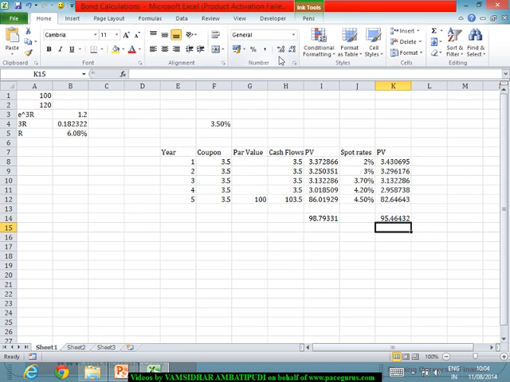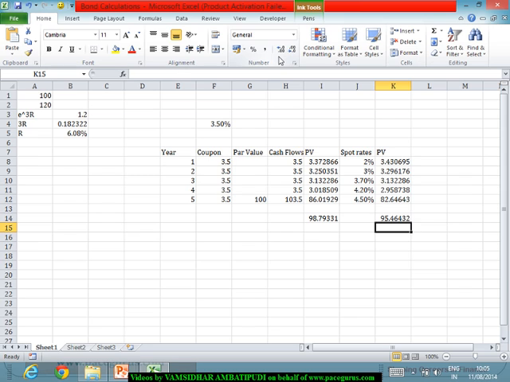We compute the theoretical price using a different discounting rate for each of the years, where the discounting rates are the different spot rates corresponding to each of the years. So the value of the bond I can find using one single interest rate for each of the periods, or I can have a different zero rate for each of the periods.